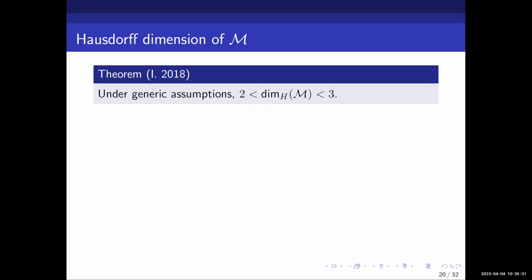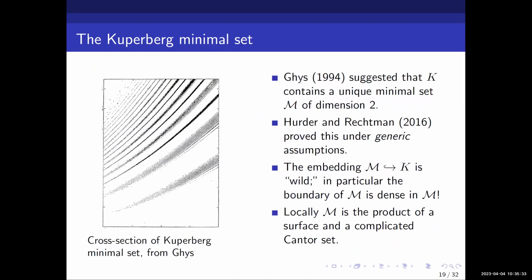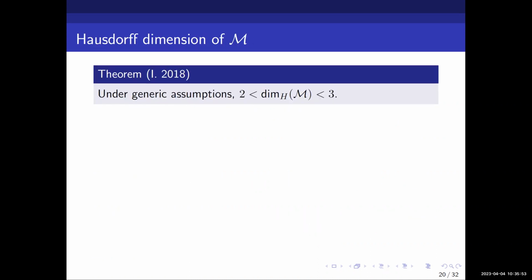Generally speaking, going back to this product structure, it just means that you have an honest to goodness fractal, and by the choice of some transversal to your lamination, your Cantor set has dimension strictly between 0 and 1. And then by your product structure, because your minimal set is locally the product of a surface, you get your dimension between 2 and 3.